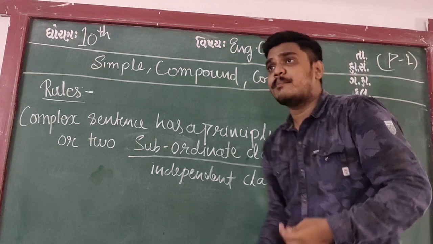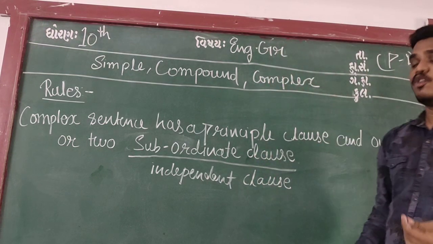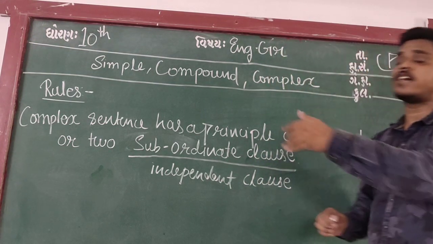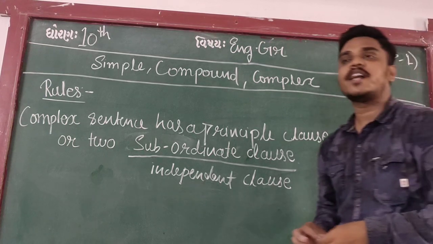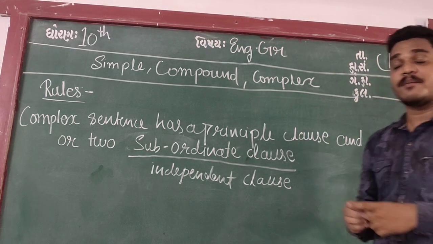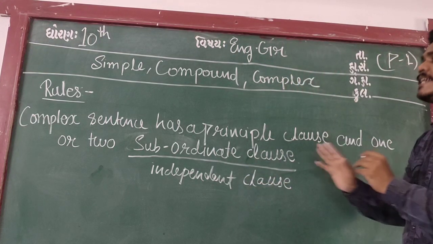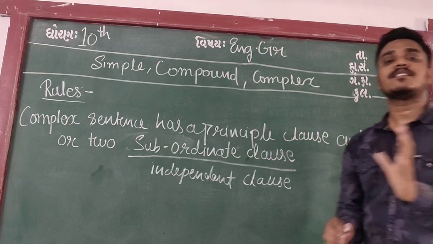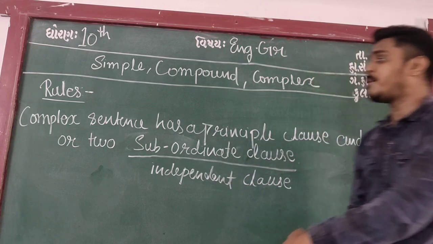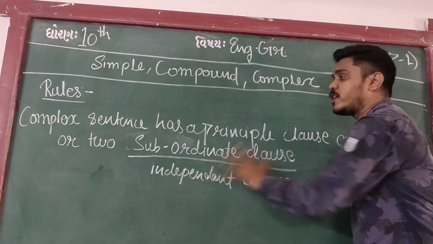There is a chance, lots of chances, that some of the words are going above your head. So at this moment, just read it carefully and try to understand the important words, for example, principal clause, subordinate clause.